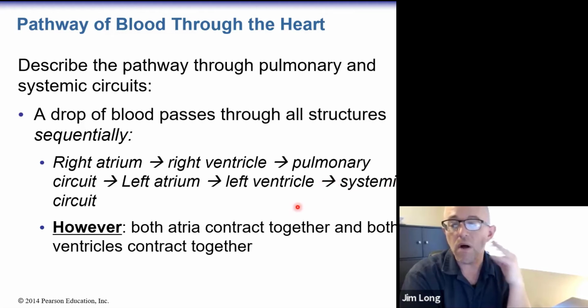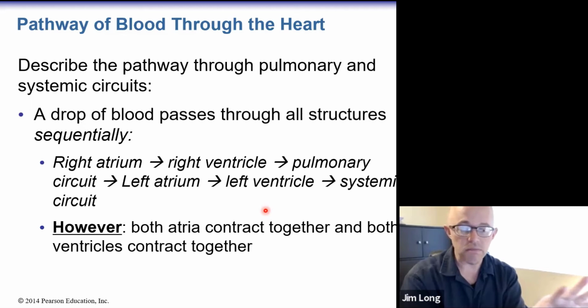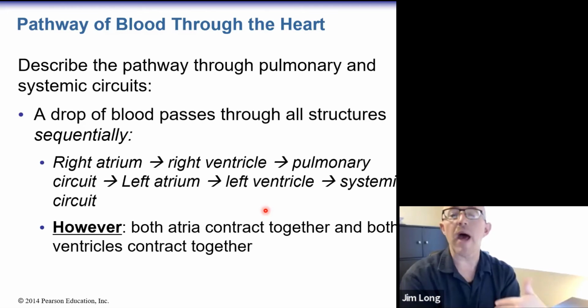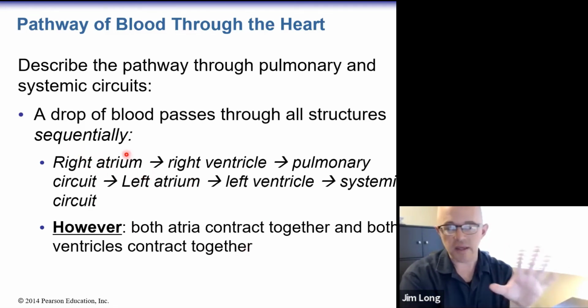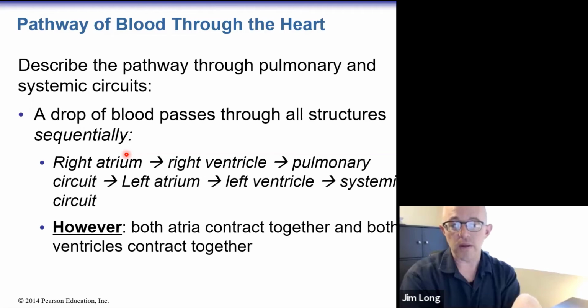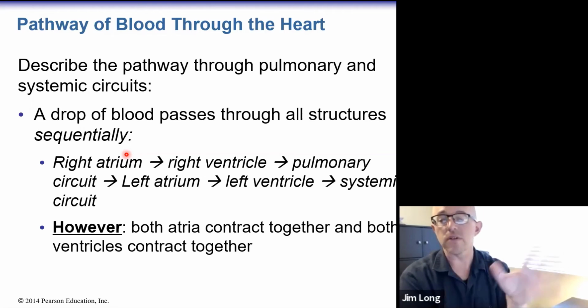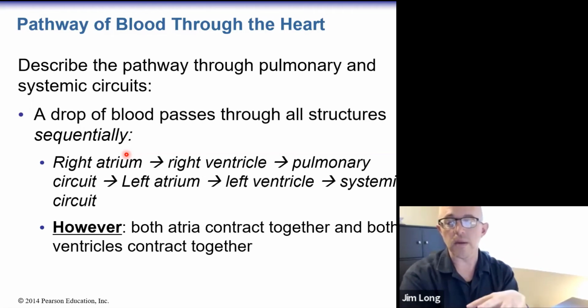And then blood's going to go all the way out into the systemic circuit to most of the named arteries that we're going to talk about in the rest of the class, and through capillary beds, provide oxygen to tissues, and then come back through the systemic veins and eventually back into the right atrium. But anyway, if we're just tracing a drop of blood through the heart, we would just list the structures of the heart that the blood moves through.